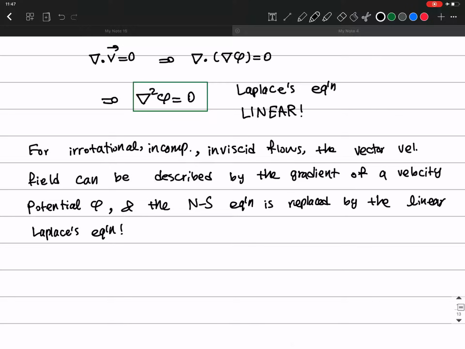Okay, so now let's solve two examples. One example I'm going to solve in this session, and the other example I'm going to solve in the next session. Okay, so example: find the velocity potential for a uniform flow.